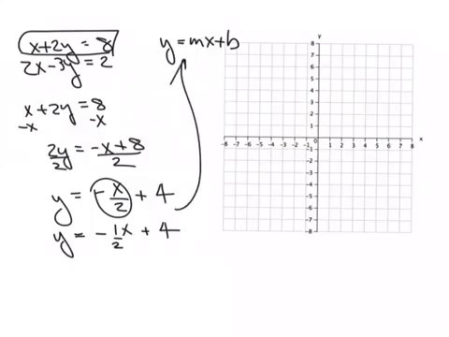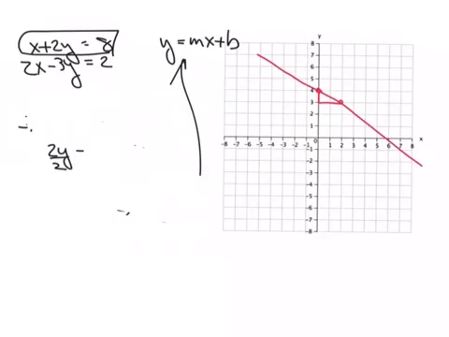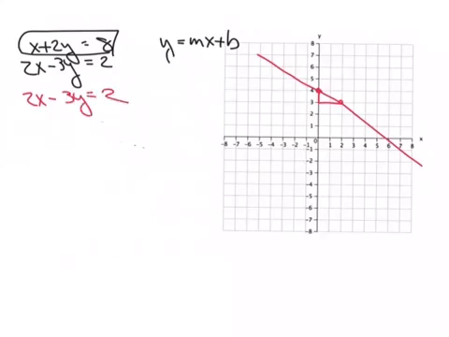Alright, so I cross at y is 4, and my slope is negative 1 over 2. So I go down 1 over 2. So there's that line. Okay, so let's go ahead and get rid of all this because I don't care about this now. And we're going to do the other equation, the bottom one, the exact same way. We're going to take 2x minus 3y equals 2.